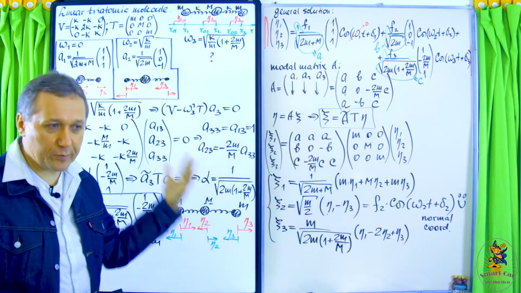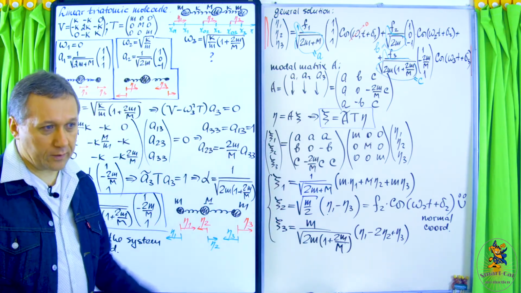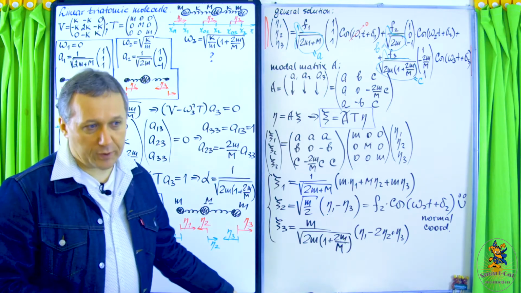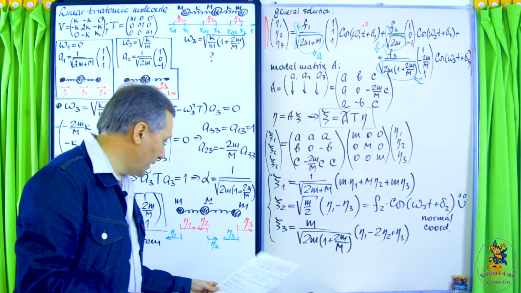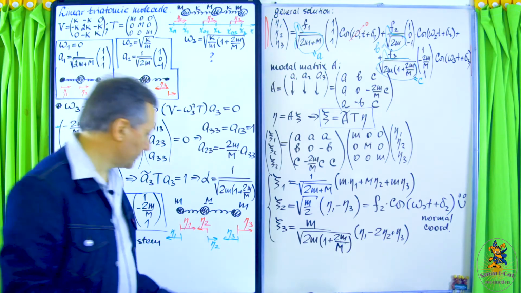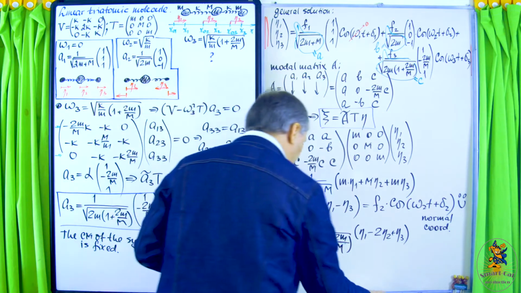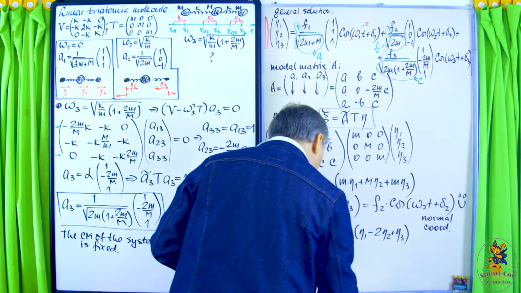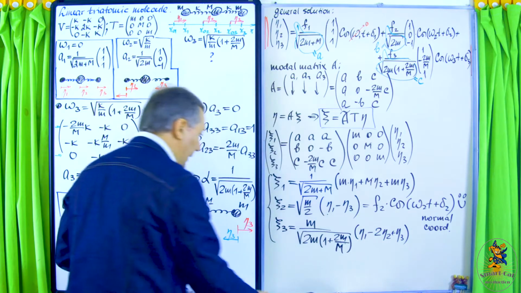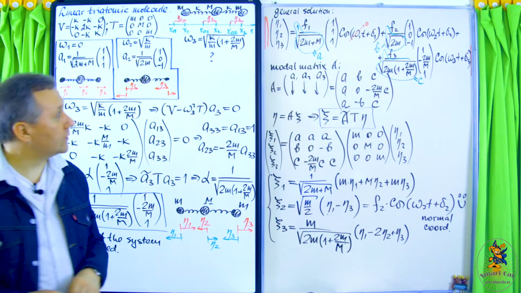But we proved mathematically that the Lagrangian is going to be diagonal also. There wouldn't be any coupling terms, only quadratic terms. So we're not going to show that. Anyway, I was just planning to get normal coordinates and stop at this point.